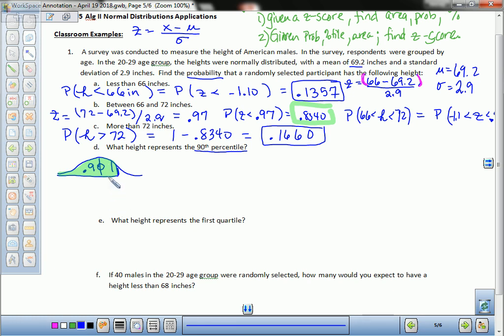In this case, since we are given the area under the curve, we have to start inside the chart and work out to find the z-score. So look at your chart. You're starting on the inside and hunting for 0.9000. Are we going to look at the positive side or the negative side? The positive side, because we know it's greater than 50%.